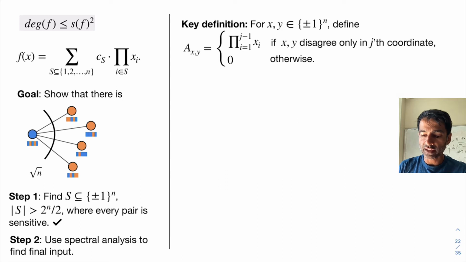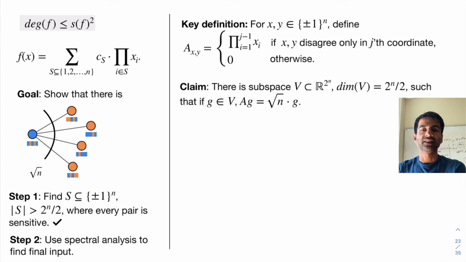And if x and y disagree in exactly the jth coordinate, they are adjacent, and the value of that entry is the product of the first j-1 coordinates. This matrix is symmetric: A_xy is equal to A_yx. And moreover, it's non-zero only when x and y are adjacent to each other. So that's a nice feature of this matrix.